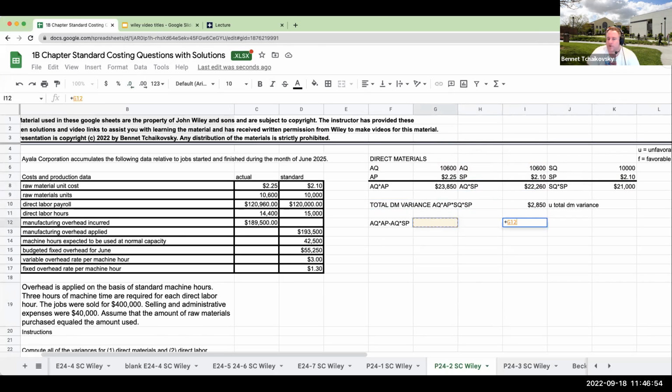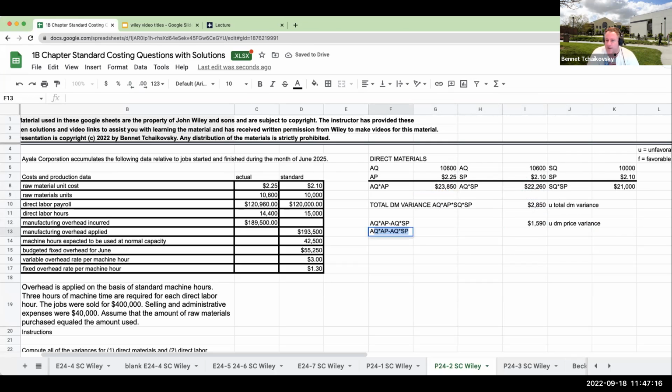So this is 23,850 minus 22,260. It's unfavorable because I spent $2.25 per unit of raw material when I should have only spent 2.10. So this is an unfavorable direct materials price variance.